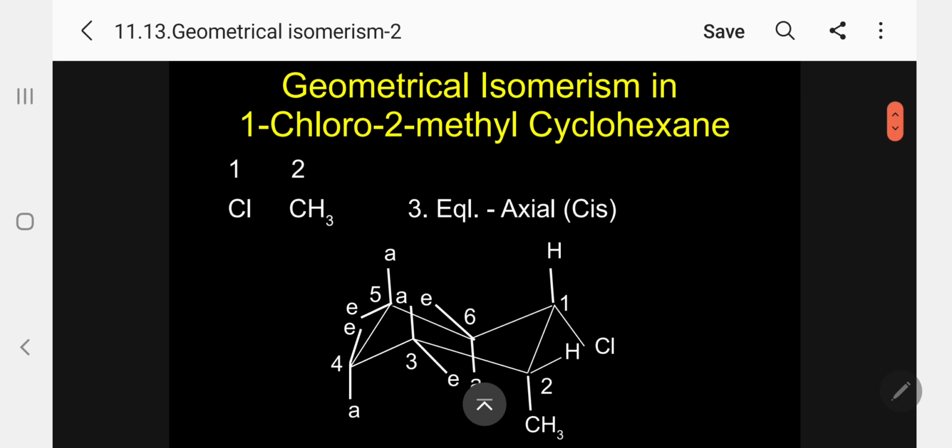So, in this case, kindly follow 1 chloro, 2 methyl again. So, chlorine in the equatorial and methyl in the axial. Now, in this case, cis isomerism possible because in the first case, hydrogen axial, here equatorial. So, both are going upward, cis isomerism possible.